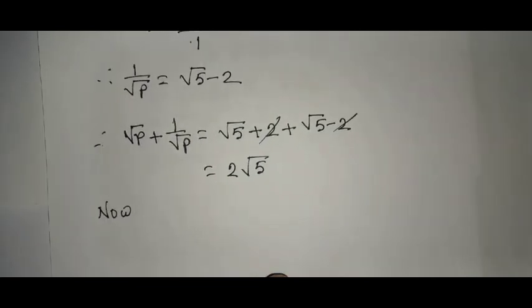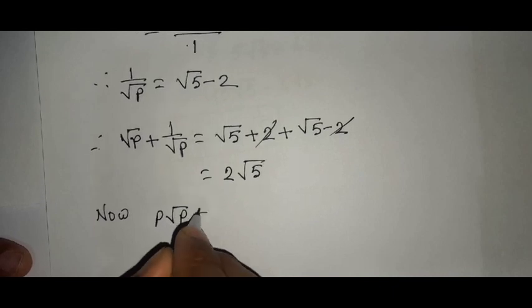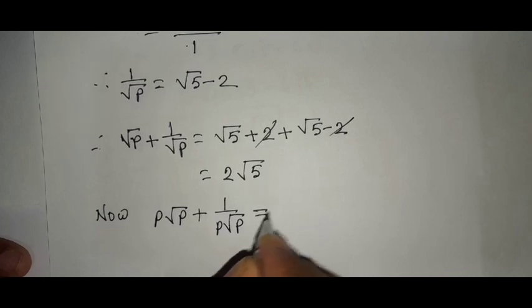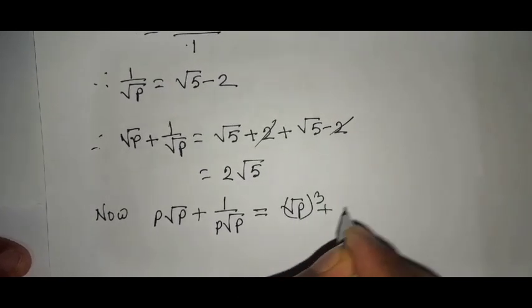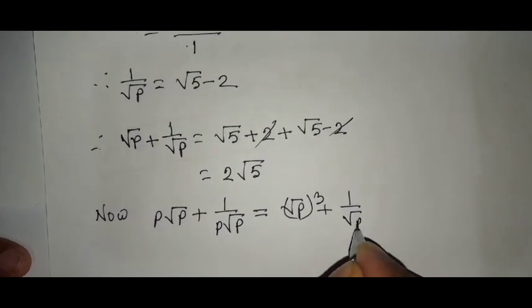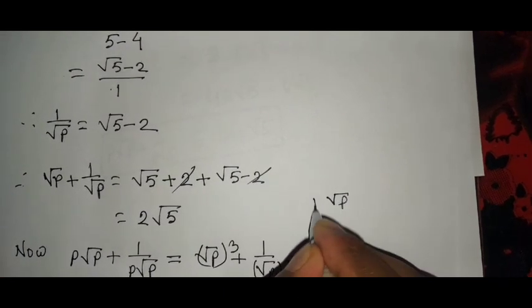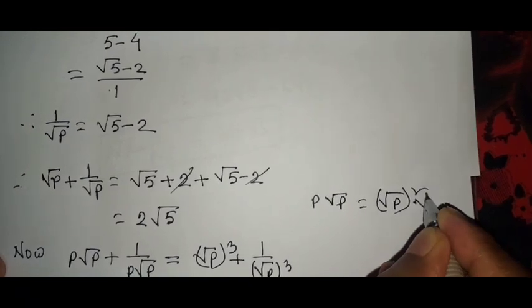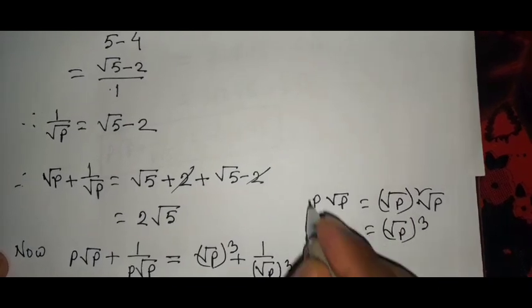we are given p root p plus 1 by p root p, and we can write it as root p all cube plus 1 by root p all cube, because p root p can be written as root p all cube.